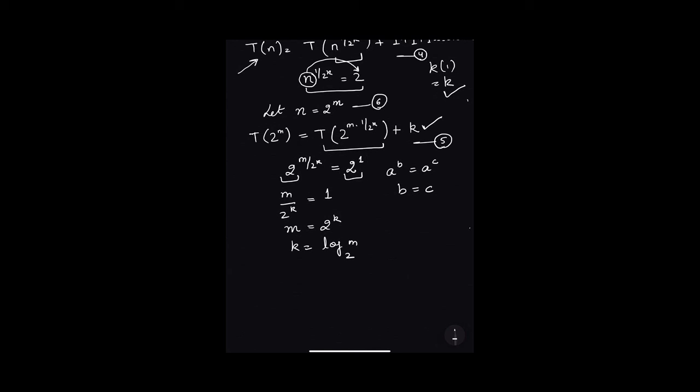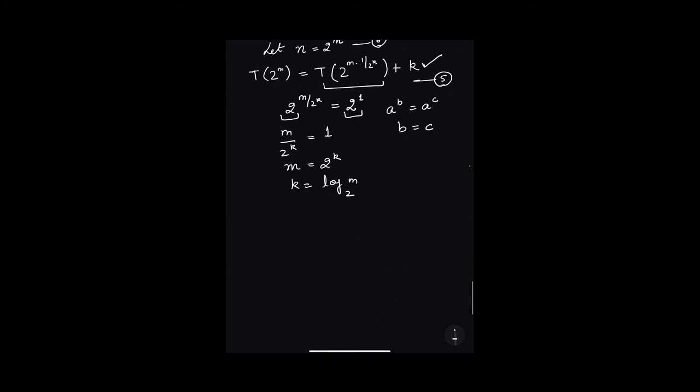From this statement 6, I can say that if n is equal to 2 raised to the power of m and I take log on both the sides, I can say that m log 2, the value of m is equal to log n base 2.